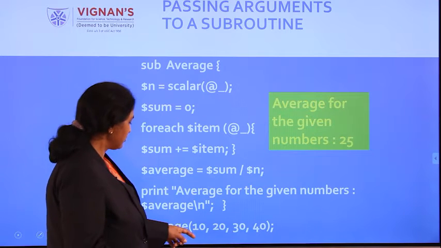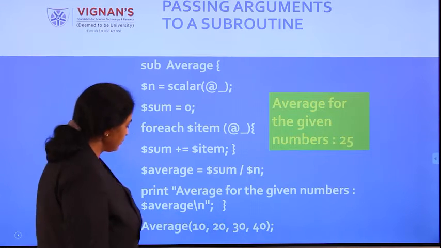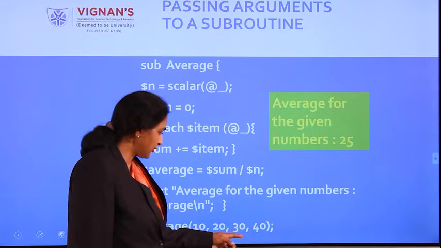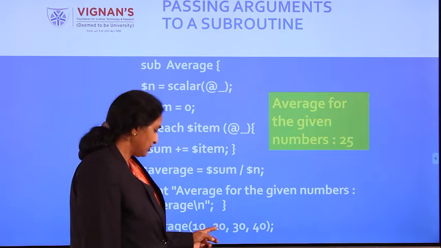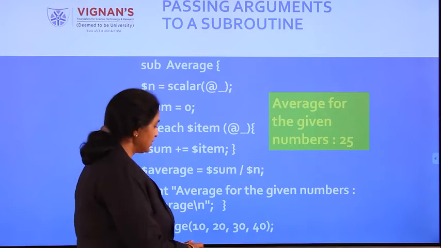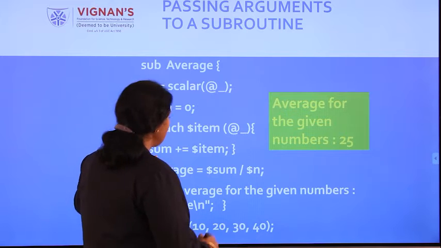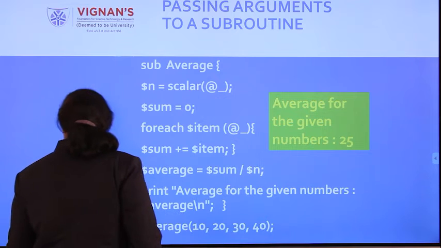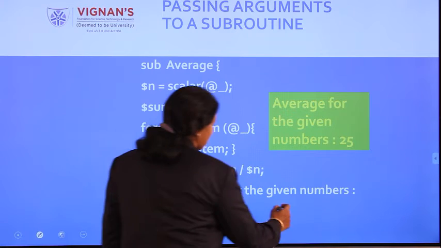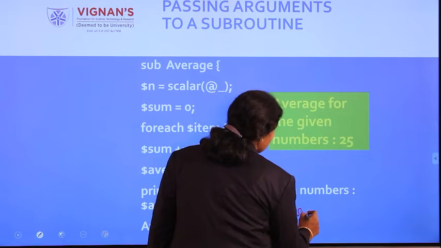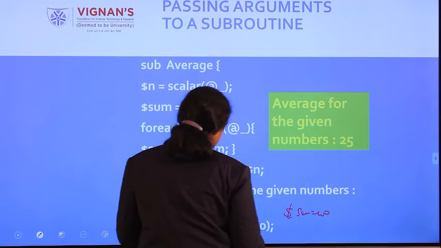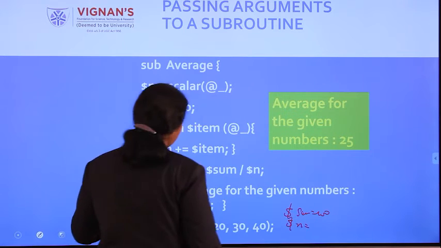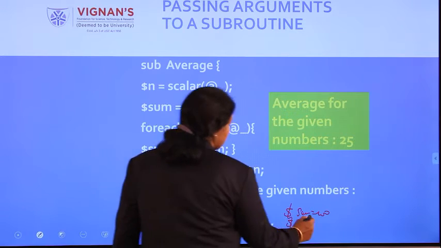So here your elements are 10, 20, 30 and 40. You are calling the function with 10, 20, 30 and 40. You know that 40 plus 30 is 70, plus 20 is 90, plus 10 is 100. So sum is equal to 100. Your sum variable carries 100, and the number of elements n is how many? 1, 2, 3, 4.